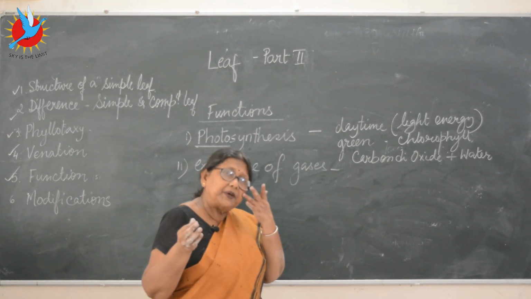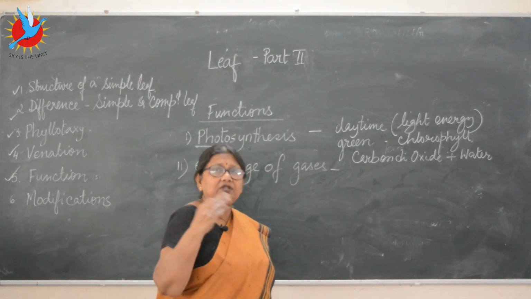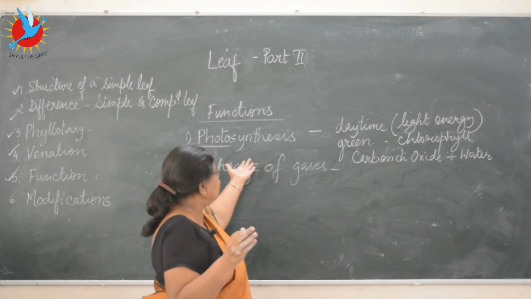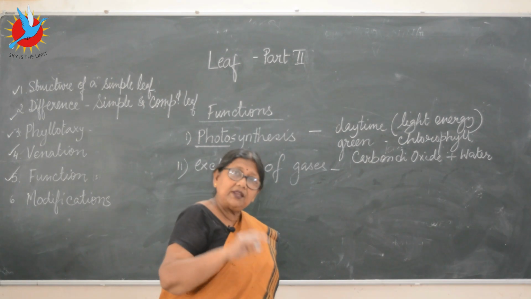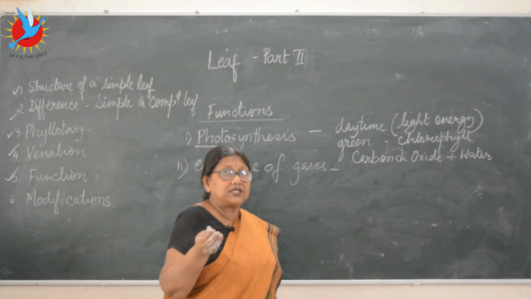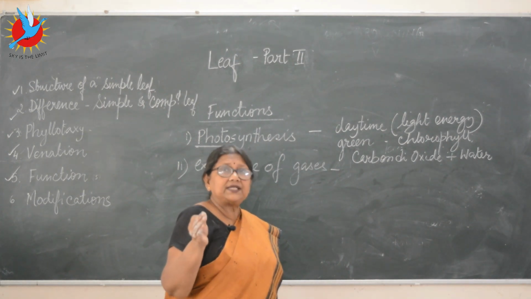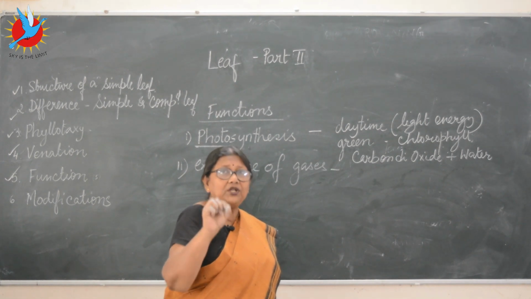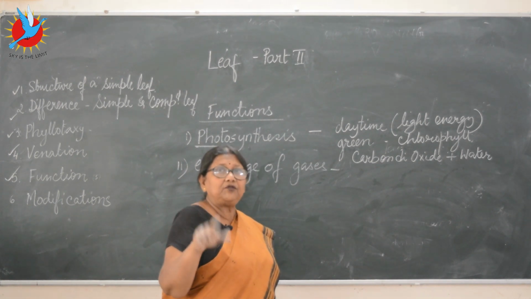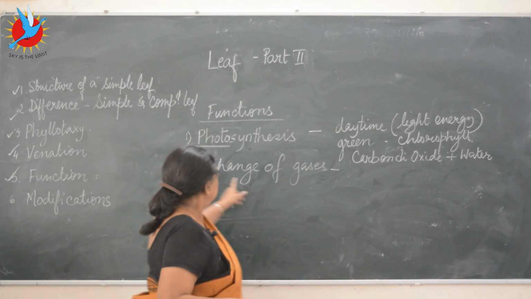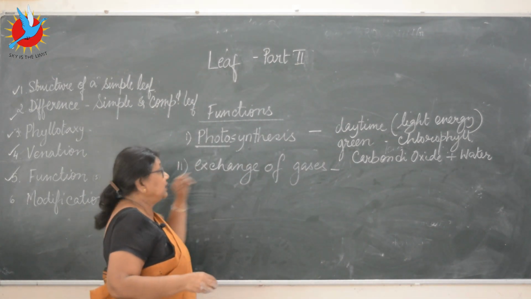For breathing, they take in oxygen and give out carbon dioxide. For photosynthesis during daytime, they take in carbon dioxide and give out oxygen. So this exchange of gases is done through the tiny holes present on the surface of the leaf blade or lamina. So this is the second function.